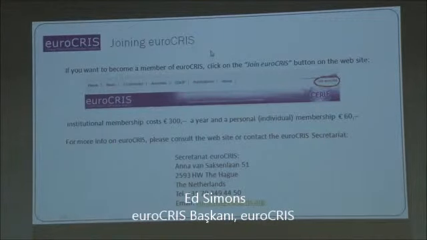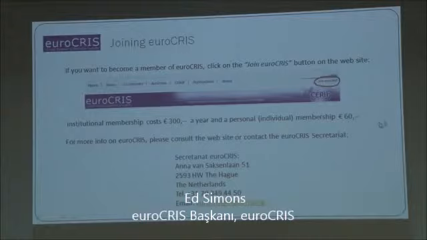Now, for closers on euroCRIS, you can join euroCRIS if you want to become a member. It's very simple. Just go to the website, click on this Join euroCRIS button here, and you will get a form where you can fill in some basic data, and here you see what it costs to become a member of euroCRIS.